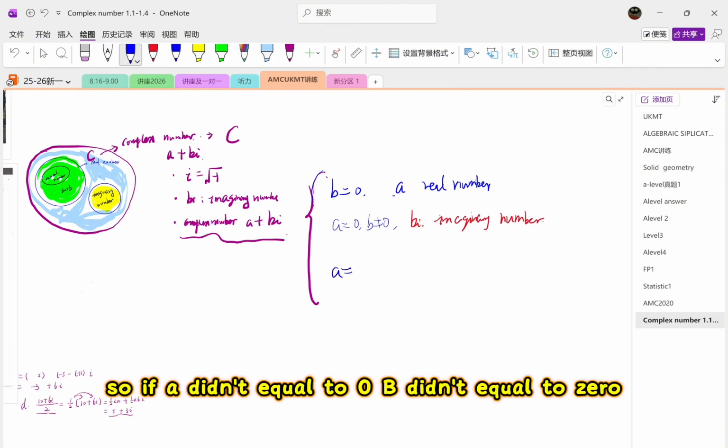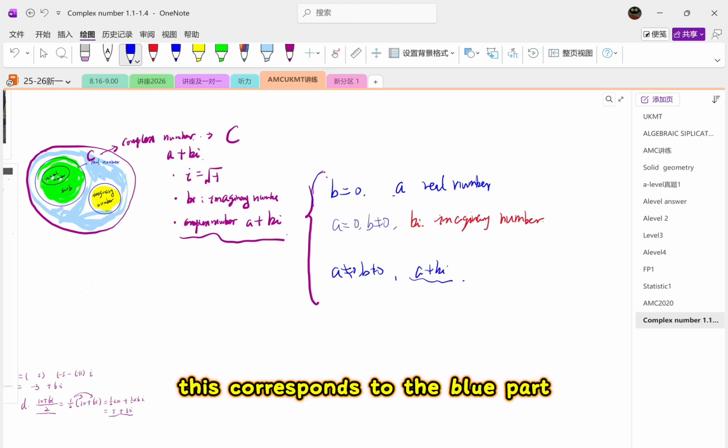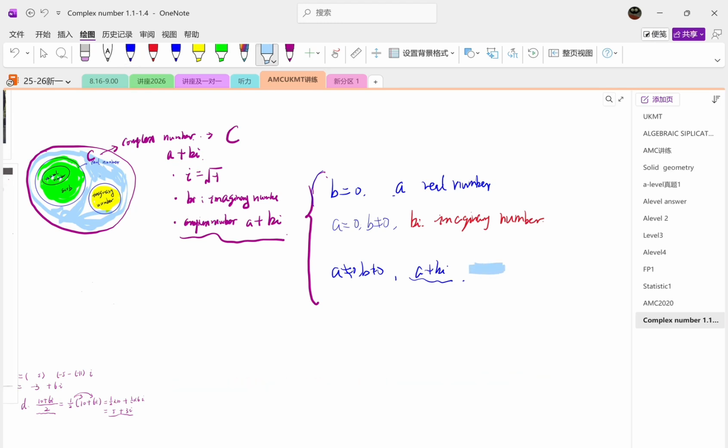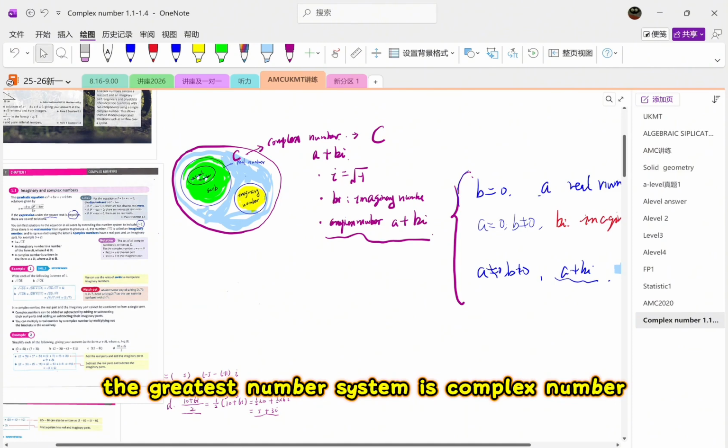So if a doesn't equal 0 and b doesn't equal 0, that is a plus bi. This corresponds to the blue part. So far, the greatest number system is the complex numbers.